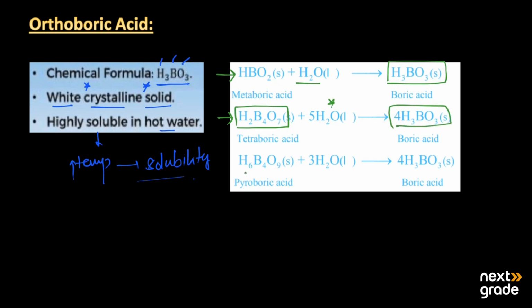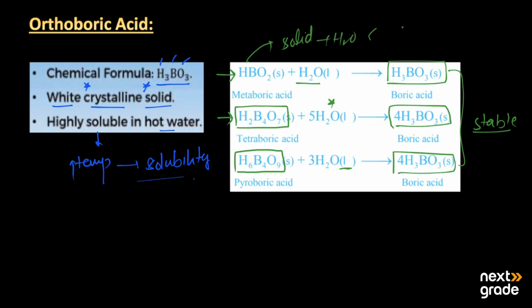Then we have pyroboric acid, H6B4O9. It is in the solid state, but when liquid is added, it changes into boric acid. It means boric acid is the most stable type of acid, while these others are stable only in the solid state. When we add water, they change into orthoboric acid. So this was the simple change of the different boric acids.